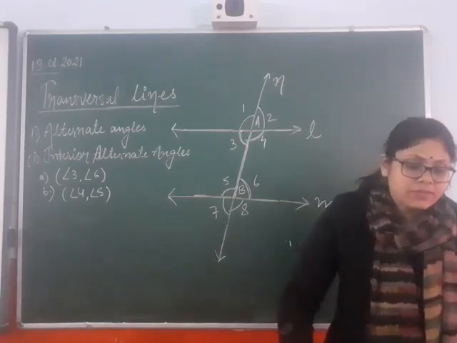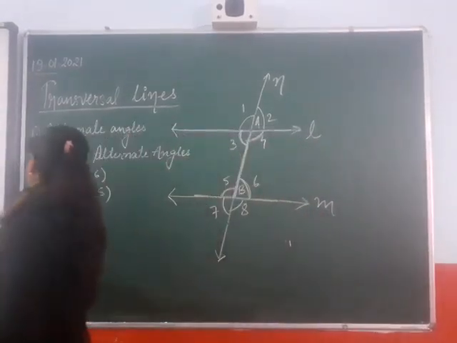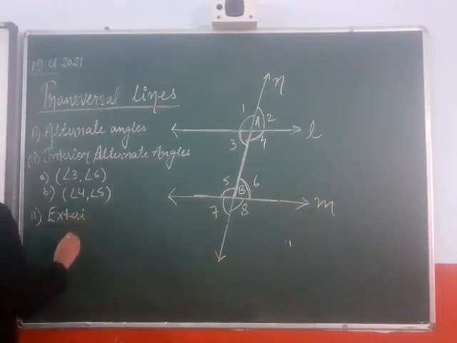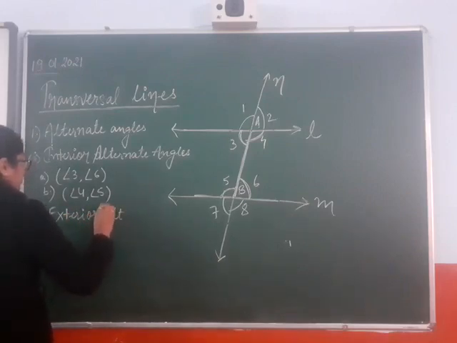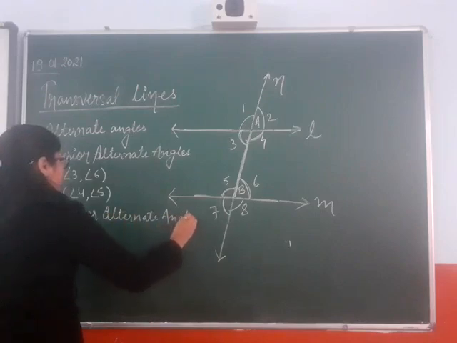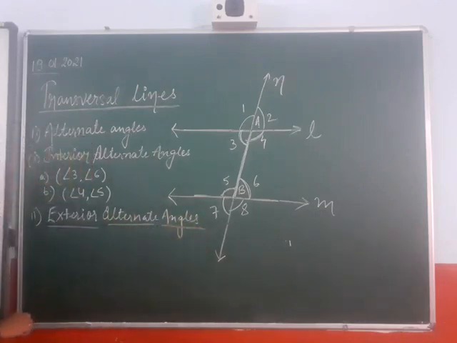Okay, then comes the second one, exterior alternate angles. In alternate angles, 2 types you will get, that is exterior alternate angles. So what are the exterior alternate angles here?